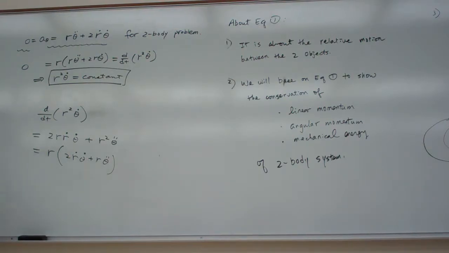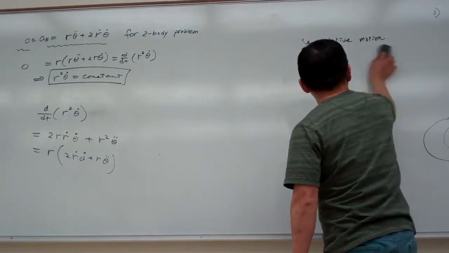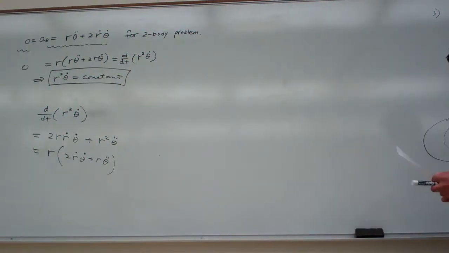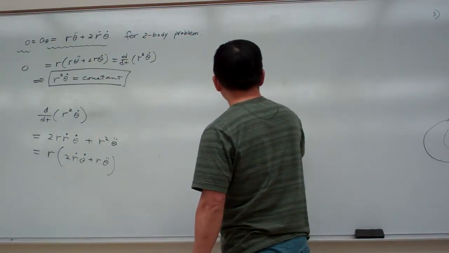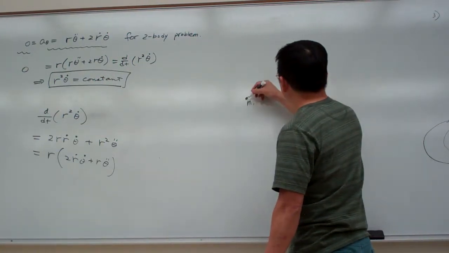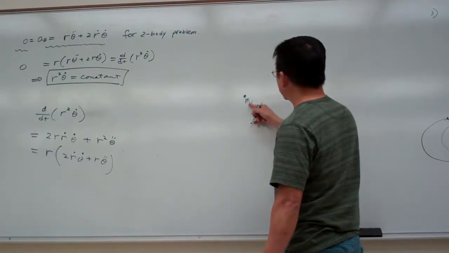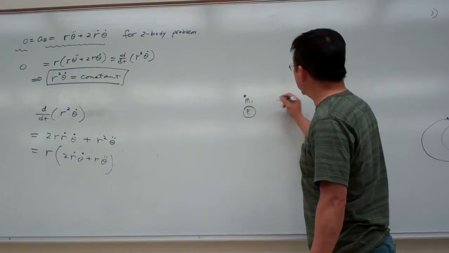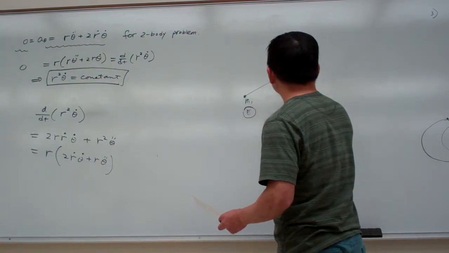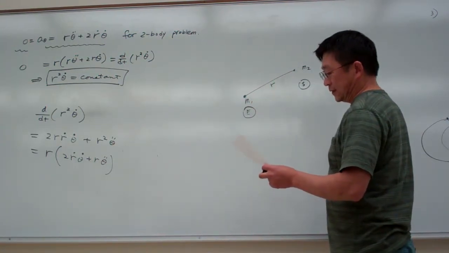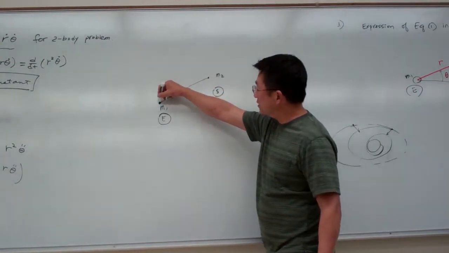And what this means, let me show you certain geometries here. This is mass 1 and this is mass 2. Imagine this is Earth, and this is a satellite, and here is the distance r. And theta, we take this one as the center.